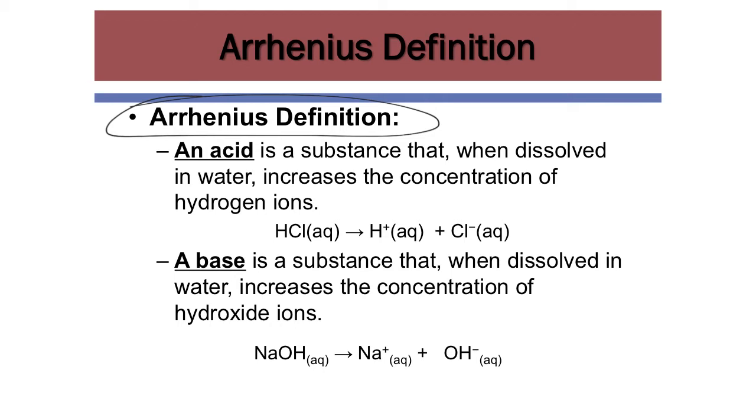And it's that high concentration of hydrogen ions that cause it to have a low pH. Now, bases, on the other hand, they ionize to produce the hydroxide ion, the OH minus ion. So if you think about our most common base, NaOH, when that ionizes in water, we get the sodium ion and the hydroxide ion. And it's that high concentration of hydroxide ions that leads to a base having a high pH.